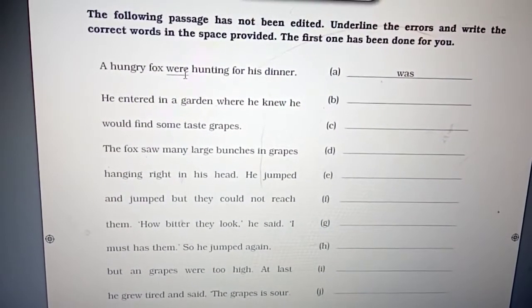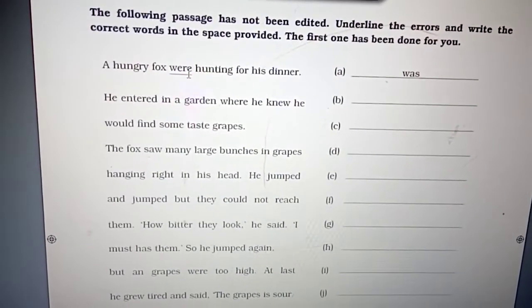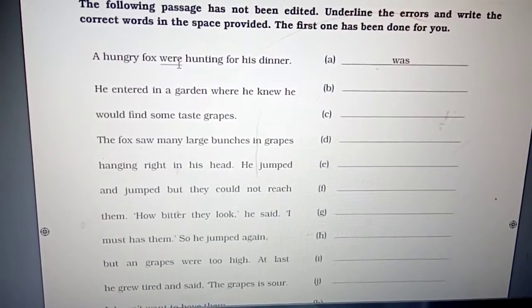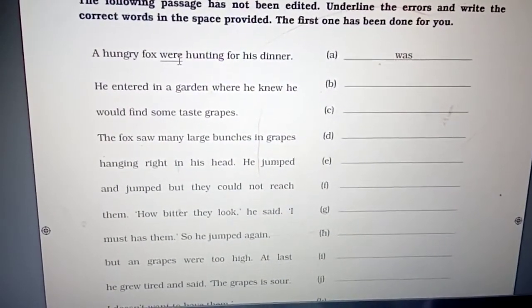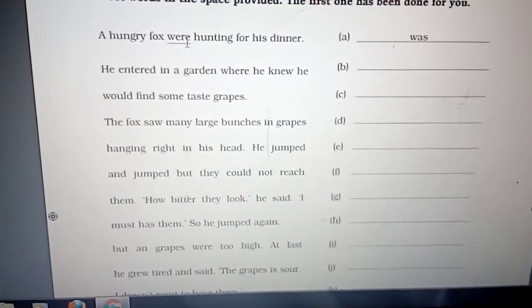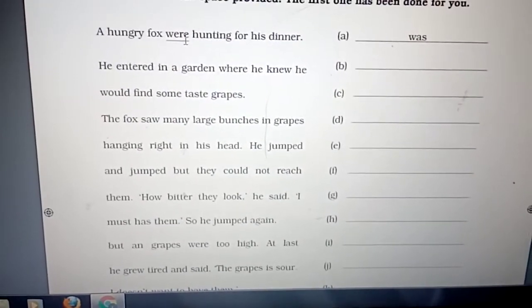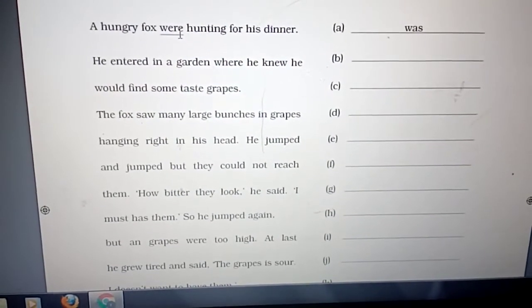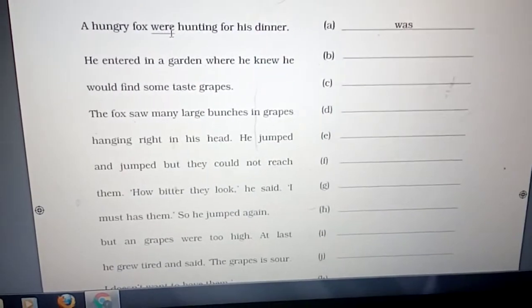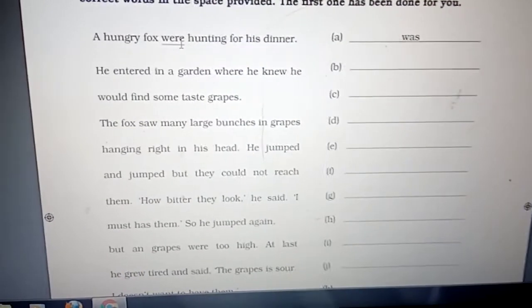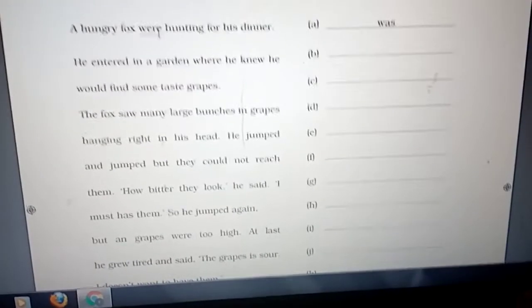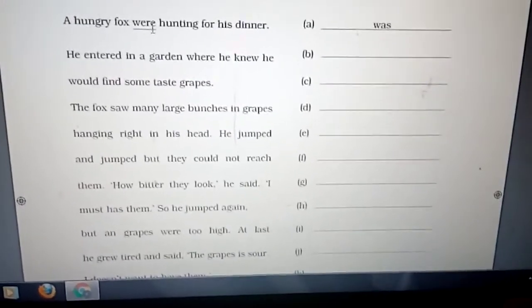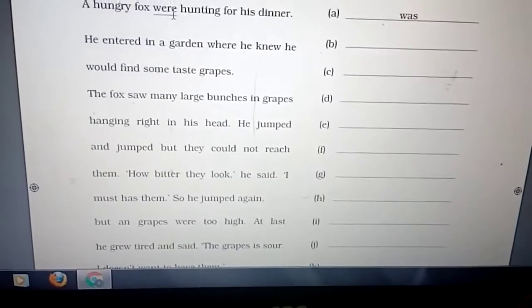So he entered into a garden. Taste grapes is not suitable. Taste is itself a noun and grapes is also a noun, so it will be tasty grapes. Tasty is an adjective which describes the noun grapes.